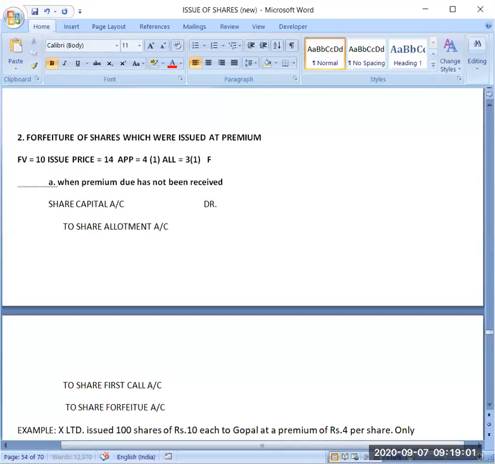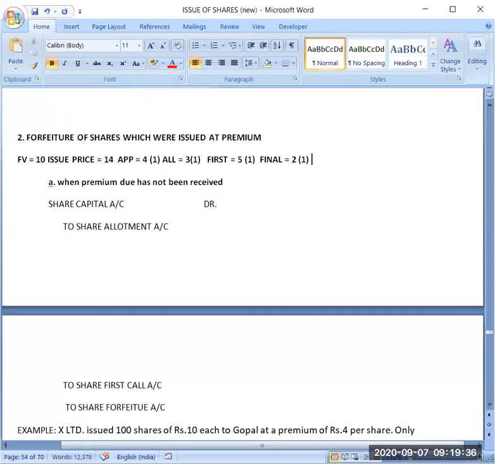And first and final call is equal to rupees 5, including rupees 1 as premium, and final call is separate. Final call is equal to rupees 2, including rupees 1 as premium.